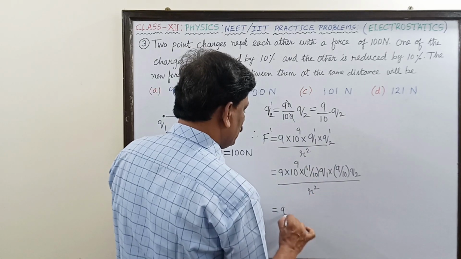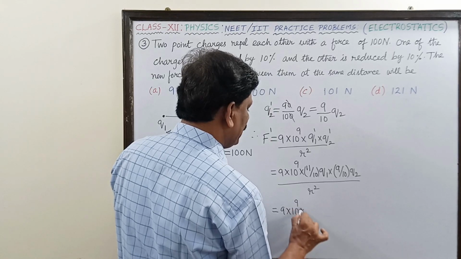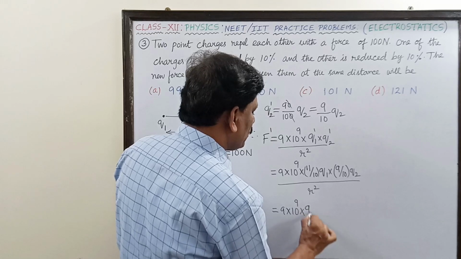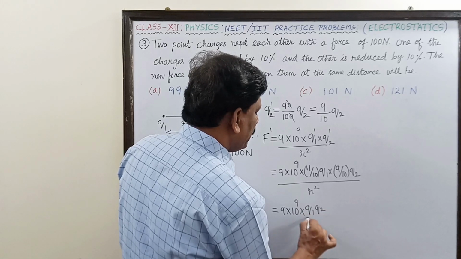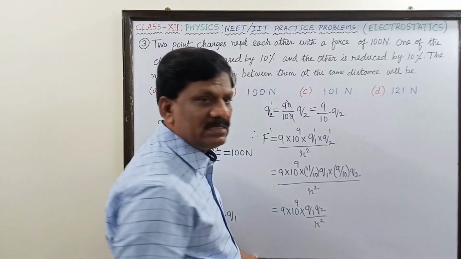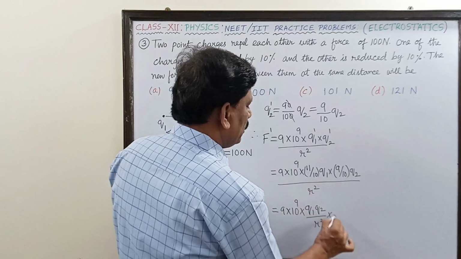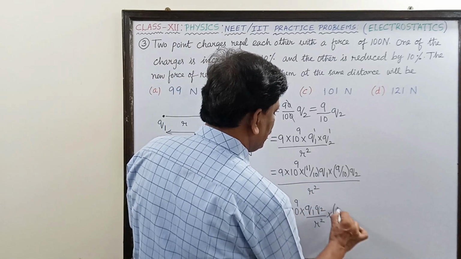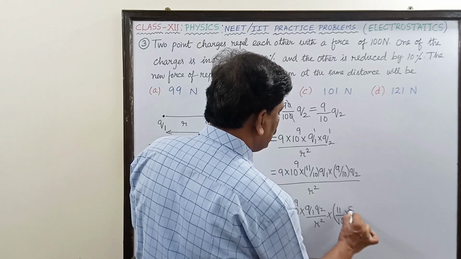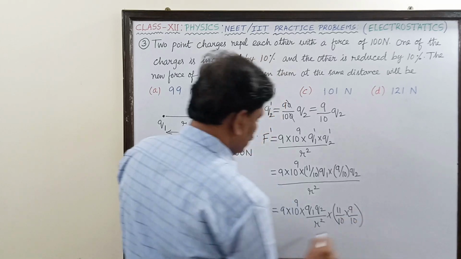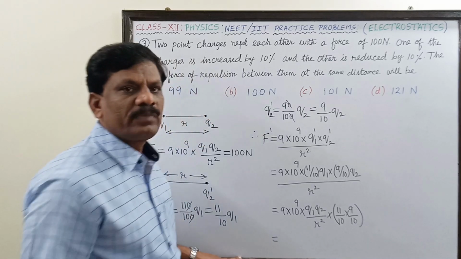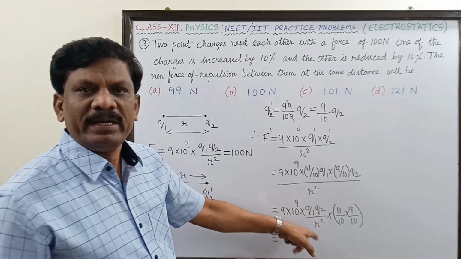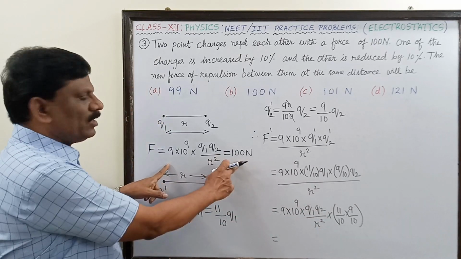So this is equal to 9 into 10 to the power of 9 into Q1 into Q2 divided by R square, which I will take out first, into 11 by 10 into 9 by 10. Now 9 into 10 power 9 multiplied by Q1 Q2 by R square, that is equal to how much? 100 Newton.